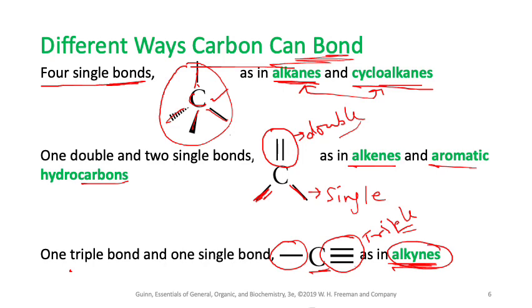So you have to remember this: all single bonds, alkane and cycloalkane; at least one double bond, alkene and aromatic; at least one triple bond, alkyne. Now in the next slide we're going to talk about what alkane, cycloalkane, alkene, aromatic, and alkyne are.